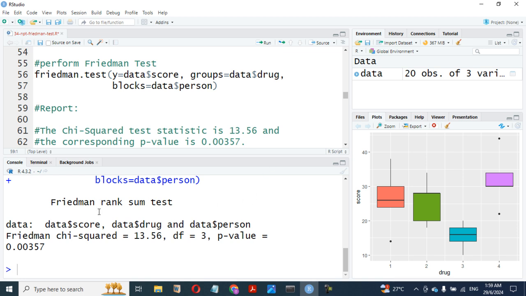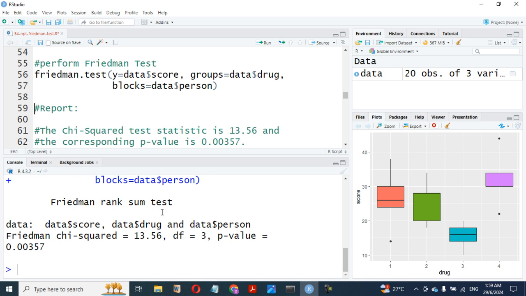Okay, Friedman rank sum test. We have a p-value of 0.0357, which is about 0.036. This is significant. You can see our result here. Our chi-square is 3.56, our degrees of freedom is 3.